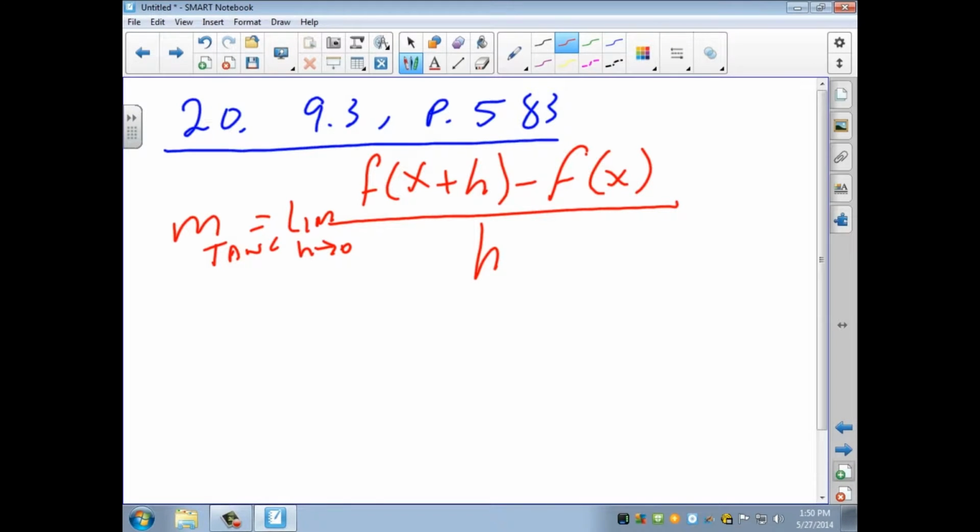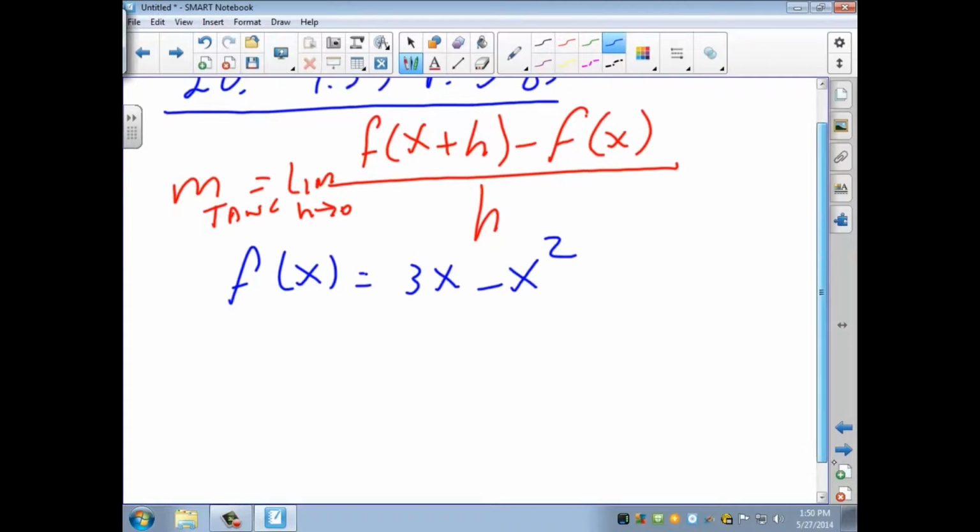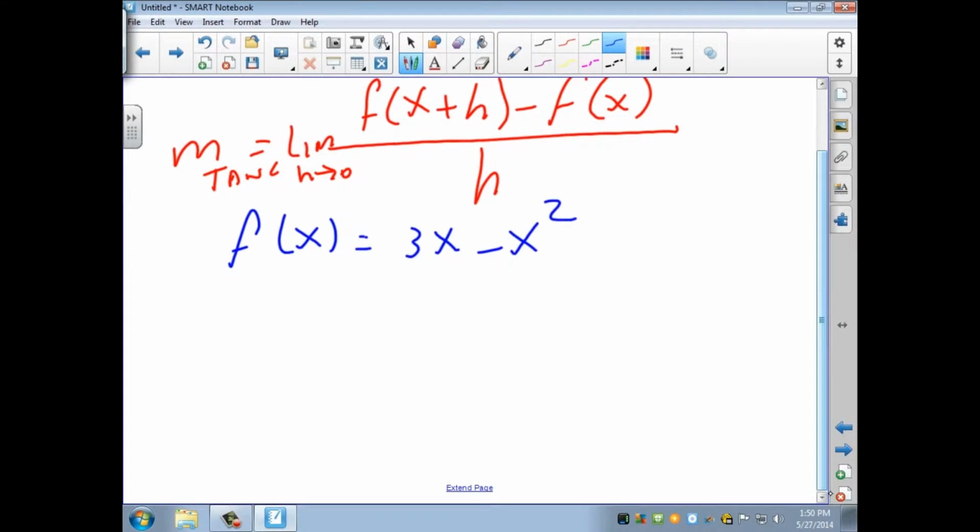So the function given to you in problem number 20, f of x, is 3x minus x squared. This is your function. And in this section, it talks about the four steps you have to take to come up with the slope of a tangent line.